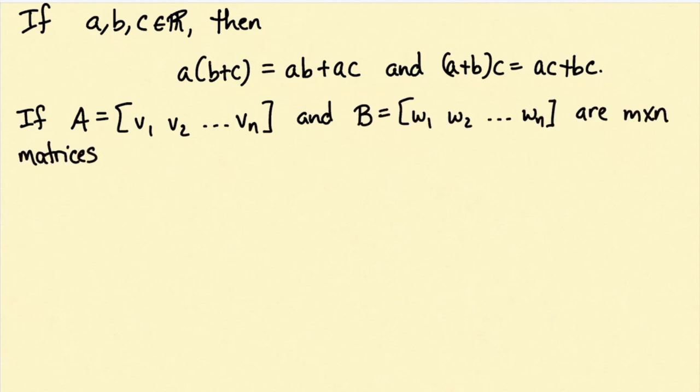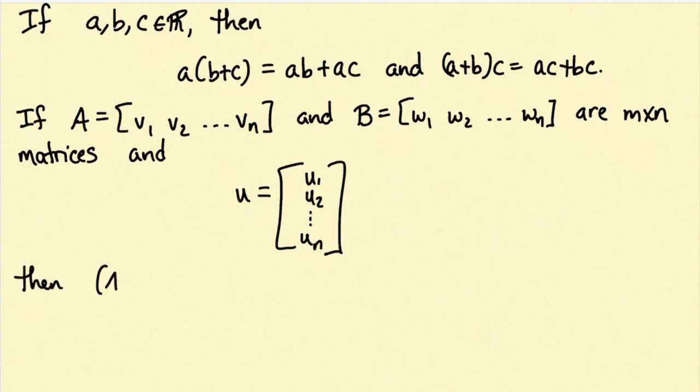And we're going to take an n-dimensional vector U with entries U1, U2 down to Un. If we first add A and B together, then act on U on the left, that should be the same thing as AU plus BU.